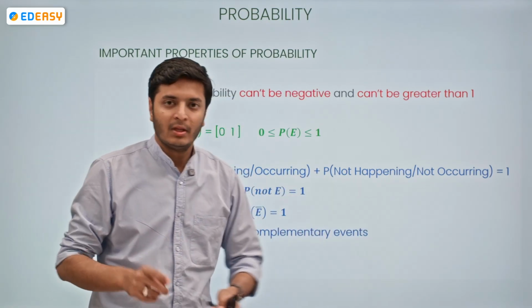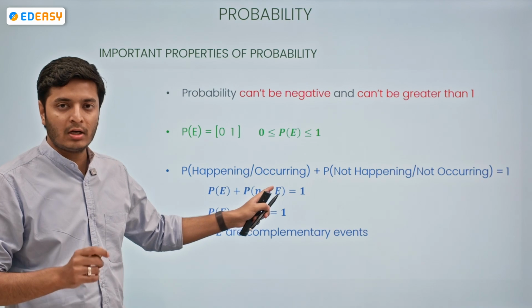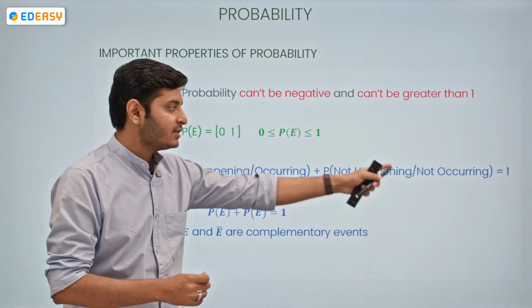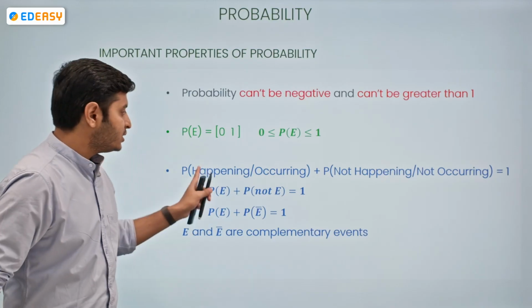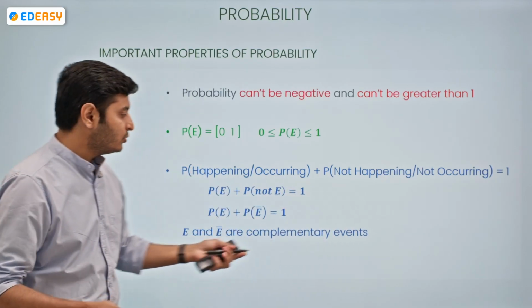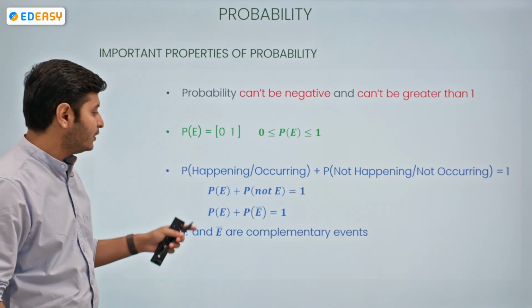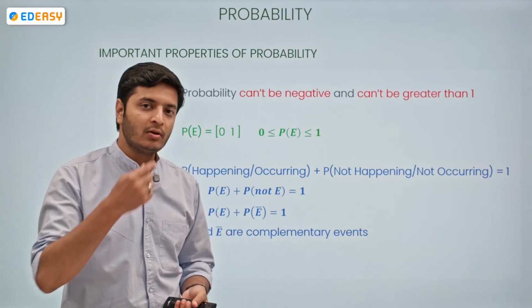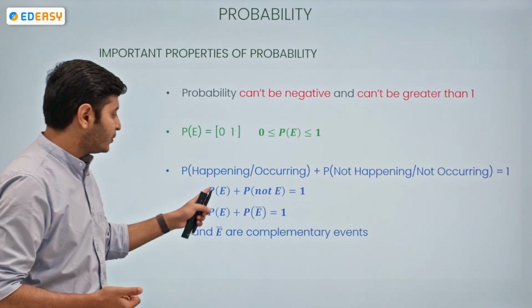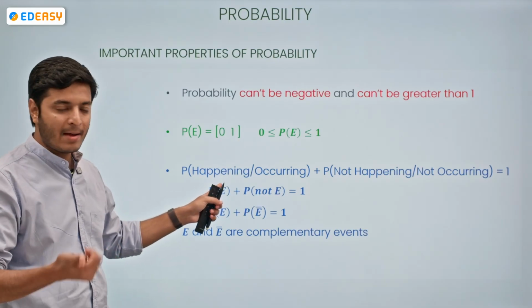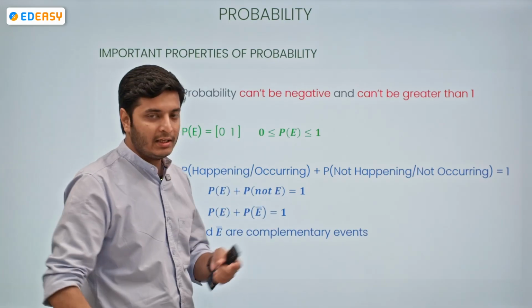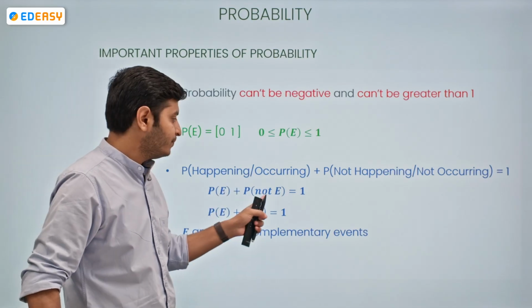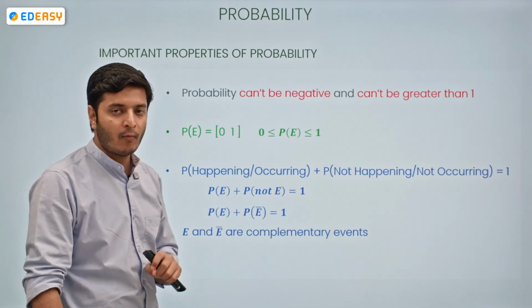For an event to happen or occur, plus not happening or not occurring, the probability will always result in 1 only. You can also show this using these two values. P of E, this is usually known as P of E, means the probability of that event happening. P of not E, inside the bracket you can see not E, no? So the probability of that event not happening. The sum will always result in 1.